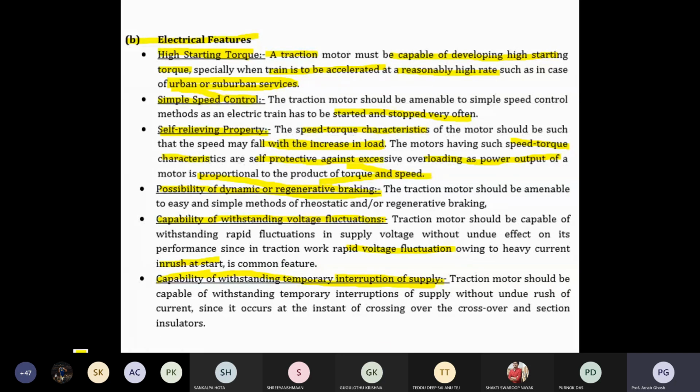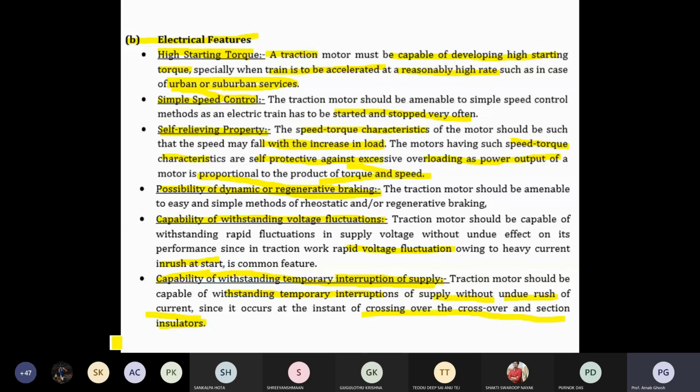Okay, so what is written is that the traction motor should be capable of withstanding the temporary interruption of the supply without undue inrush current, since it occurs instantly when crossing over the crossover and the section insulator. That refers to insulation breakdown of the conductor of the motor.